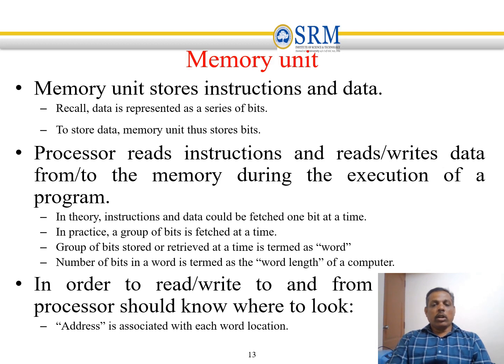In order to read or write to and from the processor, we need to have 3 things: one is the address information of a memory, and the memory location where instructions as well as data are stored, and control operations between the CPU and the memory.